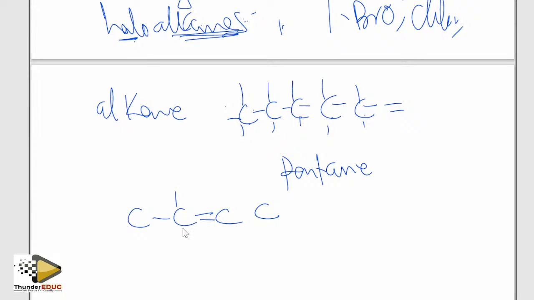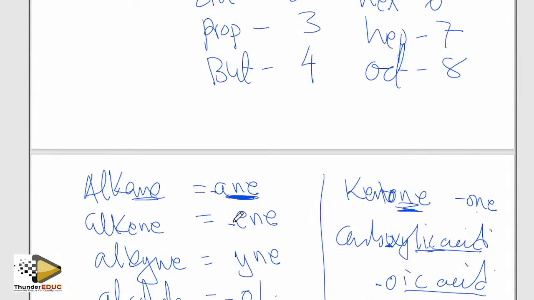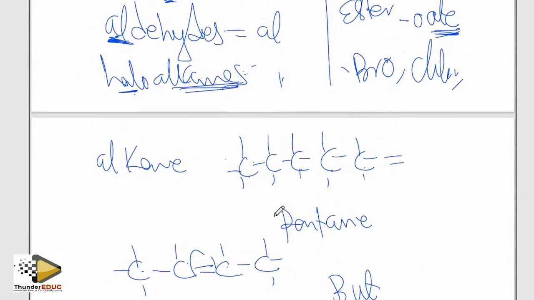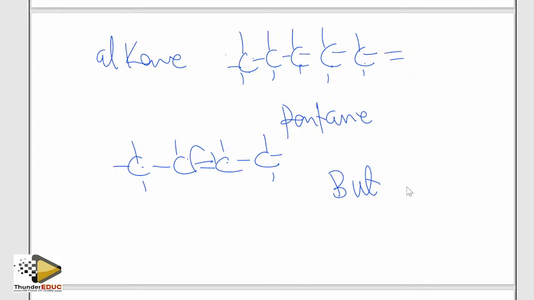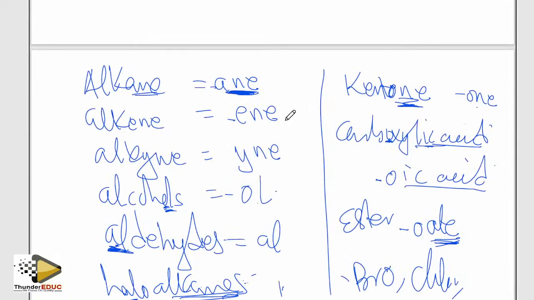In this case, I'm going to say 1, 2, 3, 4. So 4 we say is but, but it's having a double bond, which means an alkene. Therefore, I'm going to add ene, because we say that it ends with ene.